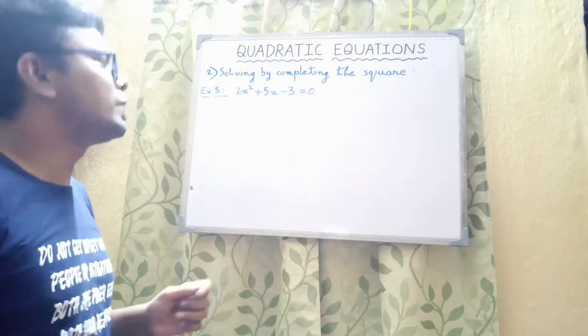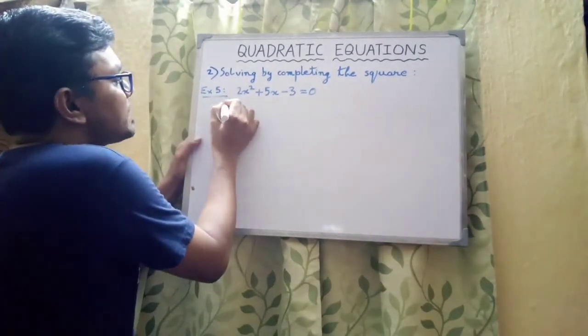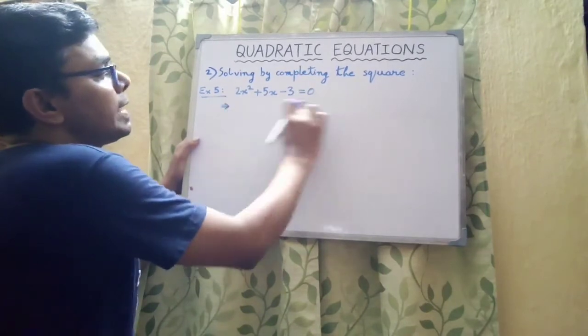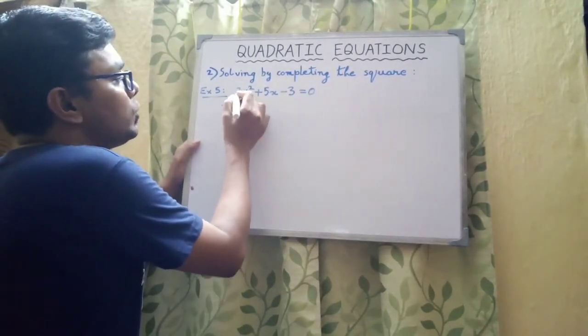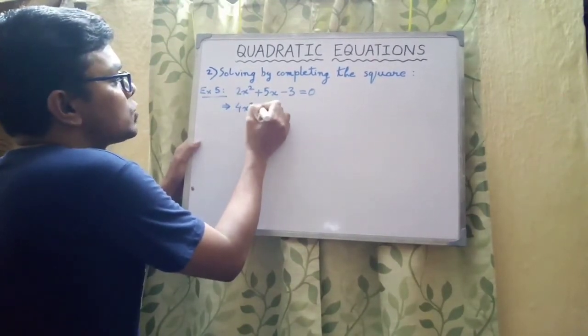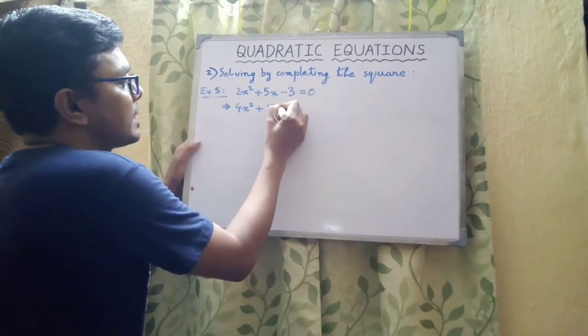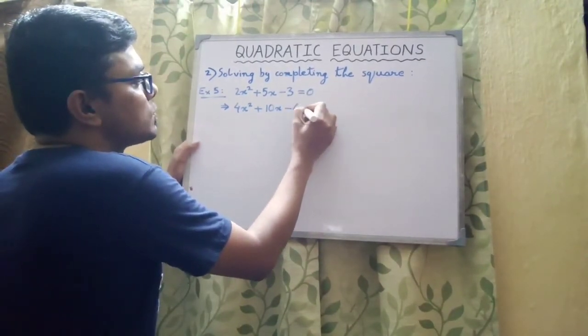So we have to make it a perfect square. The simplest way is to multiply the whole equation by 2. While I multiply 2 into 2x squared, that makes it 4x squared, plus 2 into 5x, that is 10x, minus 3 into 2, that is minus 6, equals to 0.